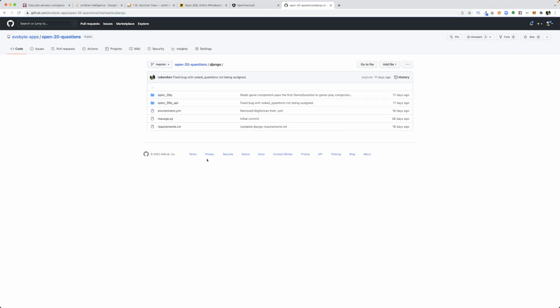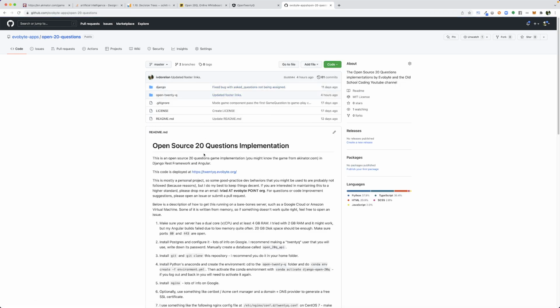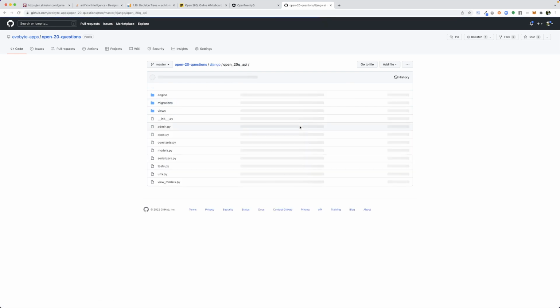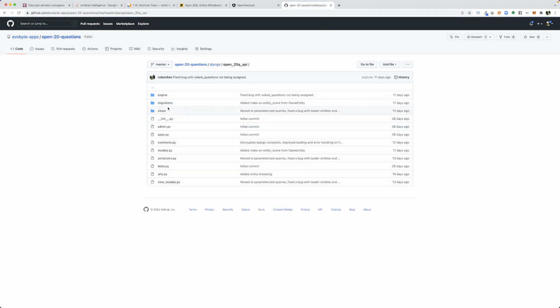So the code is written in Django for the backend with Django REST API, and in Angular for the front end with Angular Material. It's quite easy to understand for a beginner developer, I think. I've tried to organize it decently. Not great, but decently, I think, for the amount of time I spent on it.